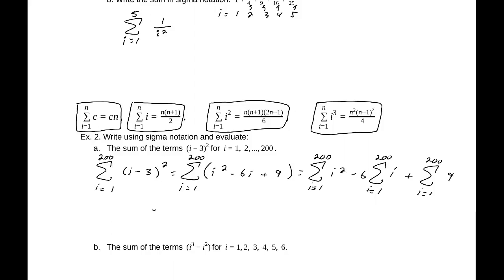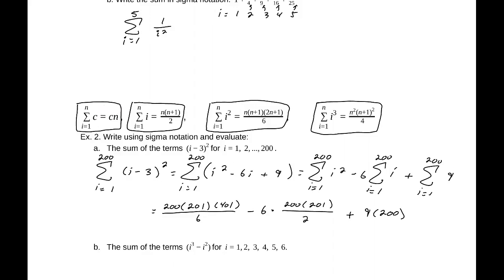Well, the first, the I squared, is going to be n, which is 200, times n plus 1, 201, times 2n plus 1, which will be 401, divided by 6, minus 6 times the sum of I, which is going to be based on that formula, n, so 200 times 201, that's n plus 1, over 2, plus 9 times 200, because when we're summing up a constant, it's the constant times n.